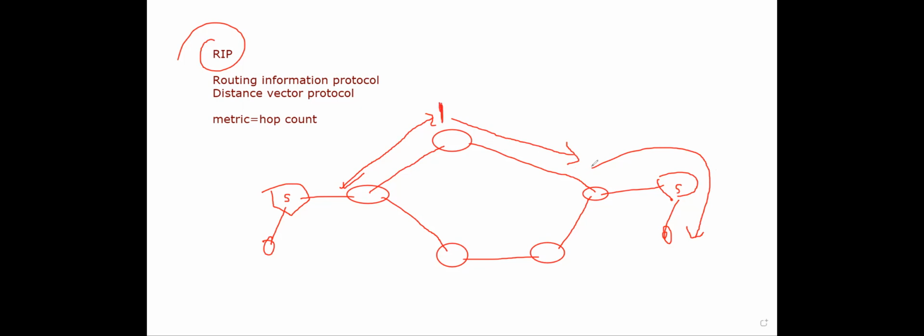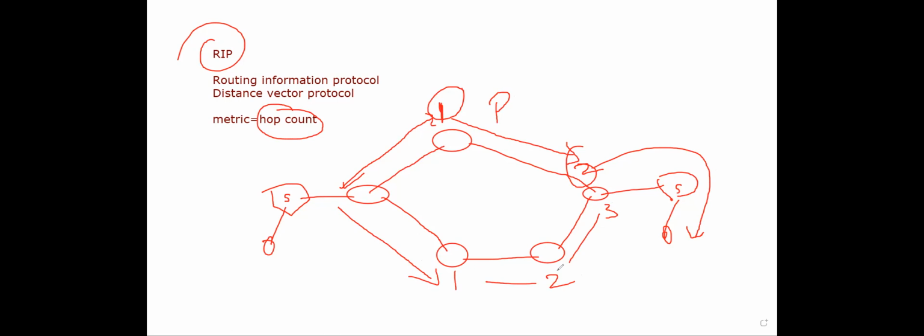Next hop is this, second next hop is this, and reached. If I'm using this other path, one next hop, two next hop, and three next hop. So RIP is using the metric hop count, and the lower hop count will become the primary path.